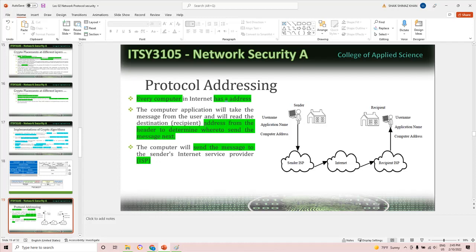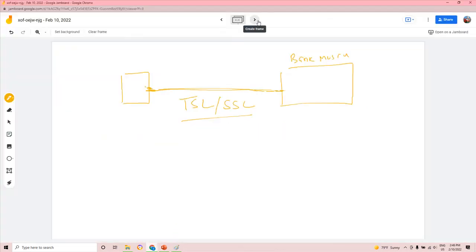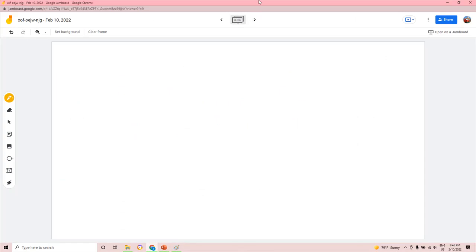These addresses can be IPv4, IPv6, and also private address and public address.